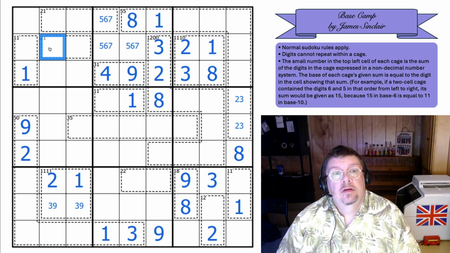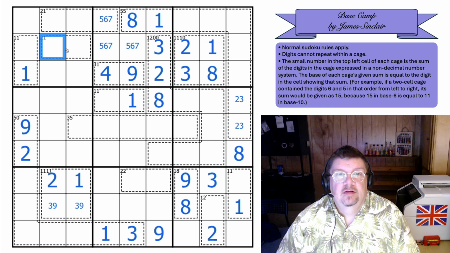So that can't be a 9 because 2 9s would be 18, and that is more than the 17. It could be an 8. 8 times 2 is 16 plus 1 is 17. So that could actually be 8, 9. It feels suspiciously like it could be.